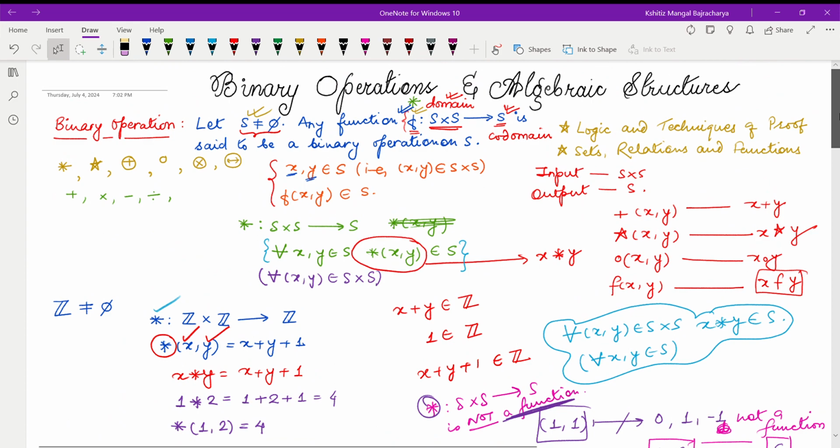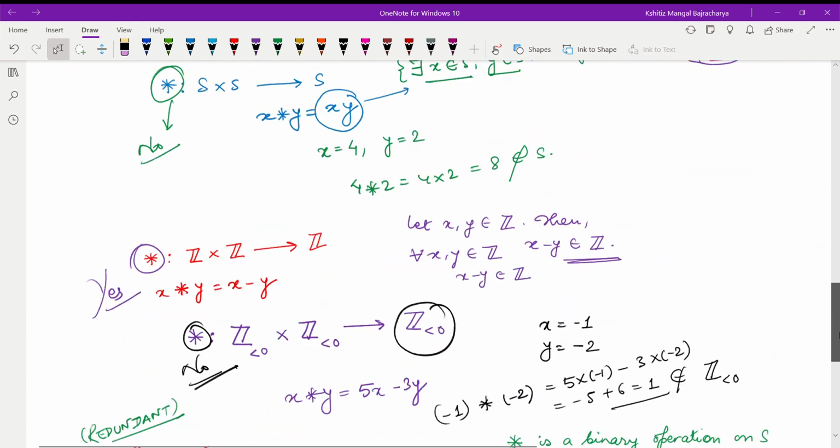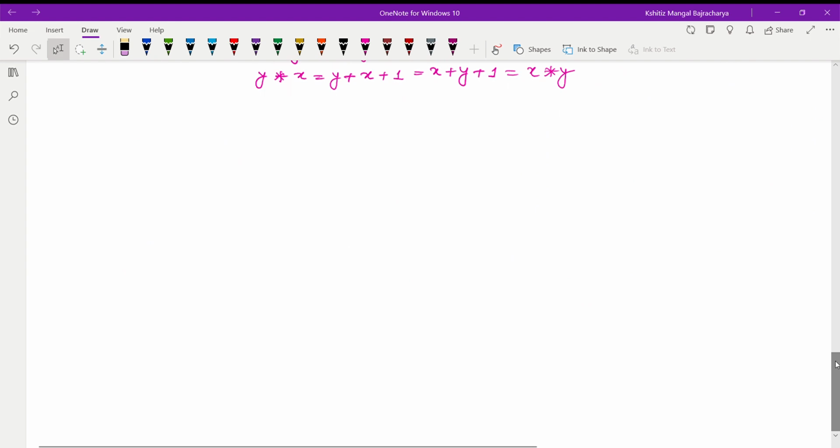Now, what do we mean by an algebraic structure? What we have discussed so far is that if we are given a non-empty set S, then we can define a function S cross S to S. Now is this operation unique?